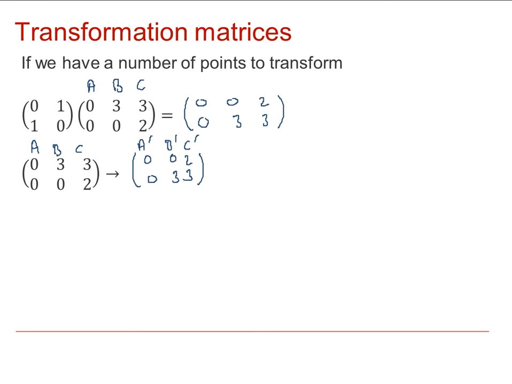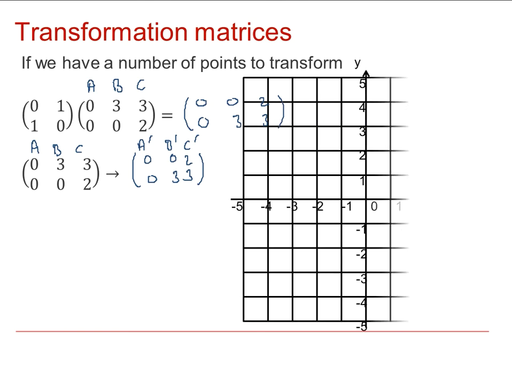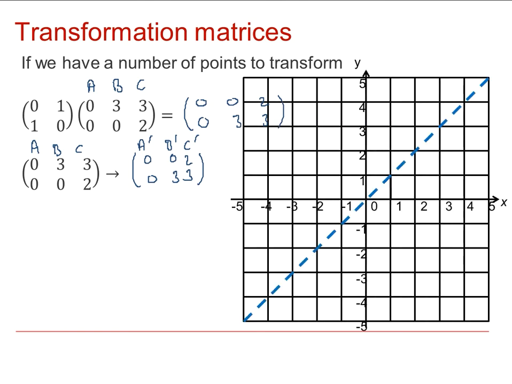Again, we can look at that in terms of a diagram. So here we have the original triangle ABC and its image A dashed, B dashed, C dashed.